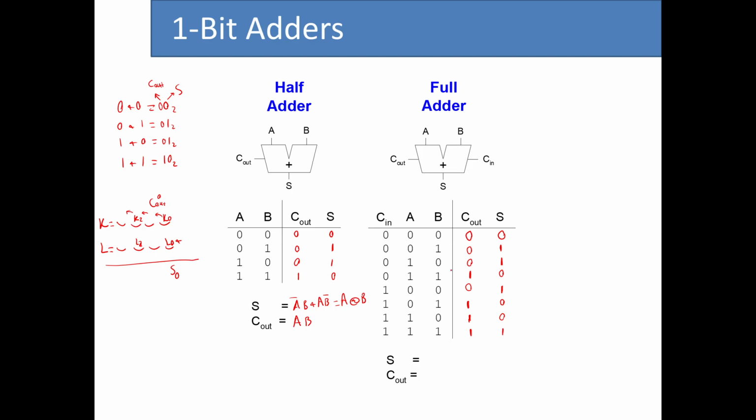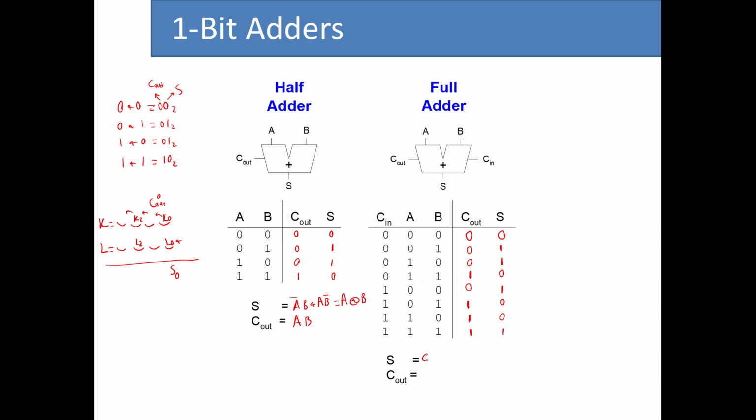We can use sum of product. So if I want to write the equation for S, I'll be looking for rows for which the output is 1, and I just write down the associated minterm and OR them together.